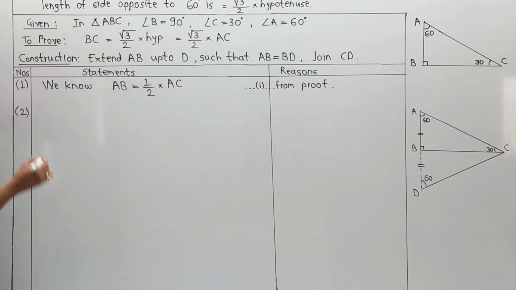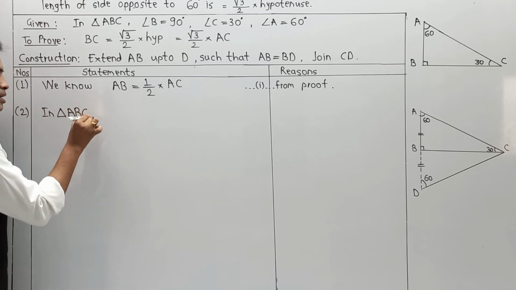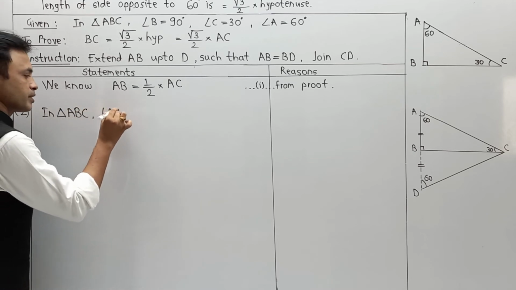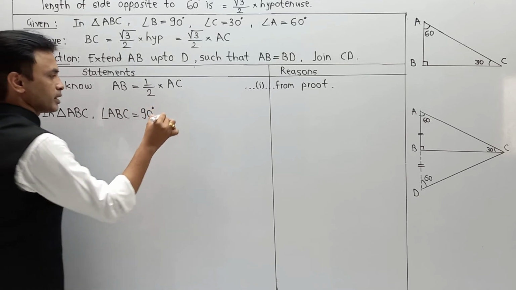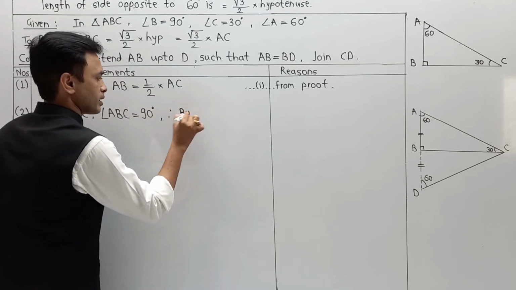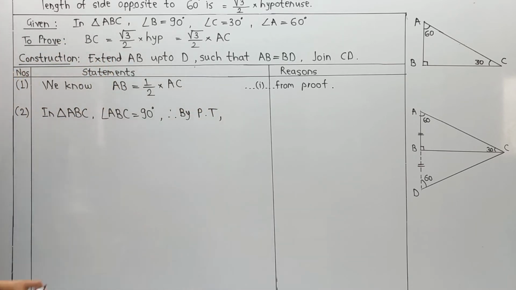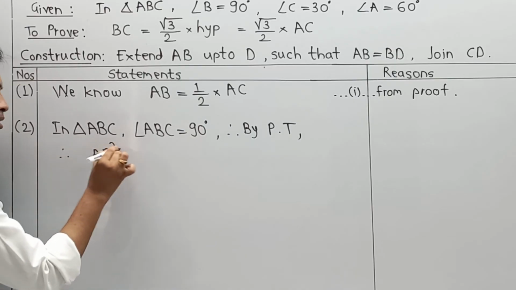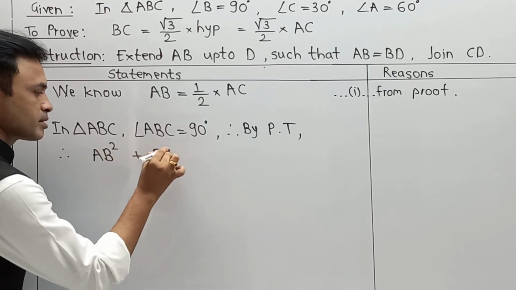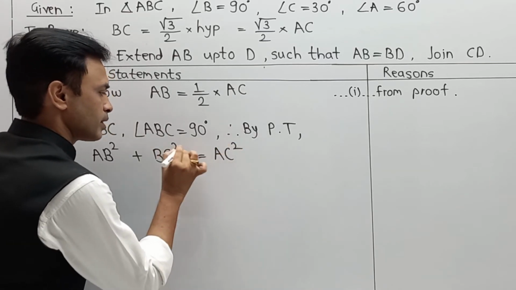So the second proof: in triangle ABC, angle ABC is equal to 90 degree. Therefore, by the Pythagoras theorem, writing in short, AB square plus BC square is equal to AC square.